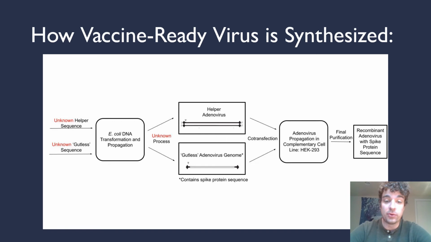However, after we have the helper and gutless adenovirus, we know that the human embryonic kidney cells are co-transfected, and then those go through a final purification to make the recombinant adenovirus with spike protein sequence. So we know how those work, but due to the unknowns, we had to come to a decision whether to purchase or to try to figure out the process ourselves.